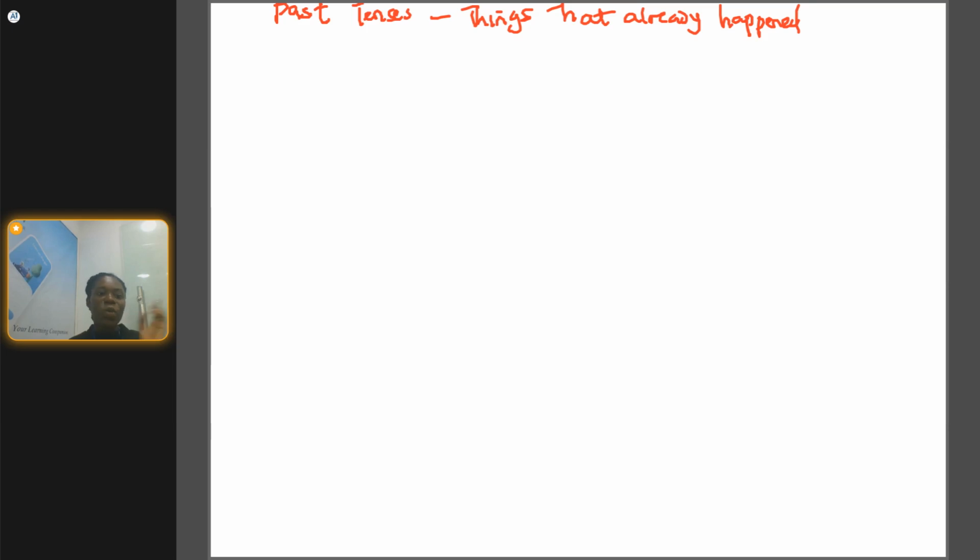Okay, so we're going to be looking at some sub tenses under the past tense, and we're starting with simple past tense. All right, for simple past tense, you can say it's a completed action.